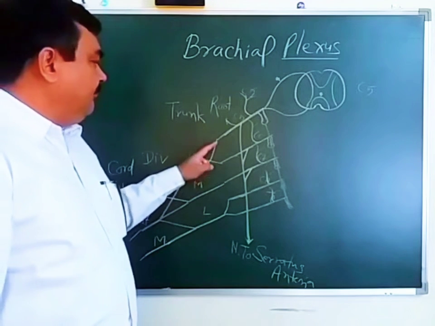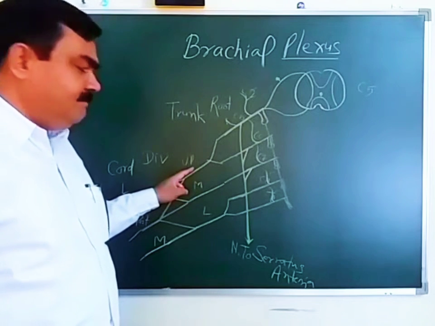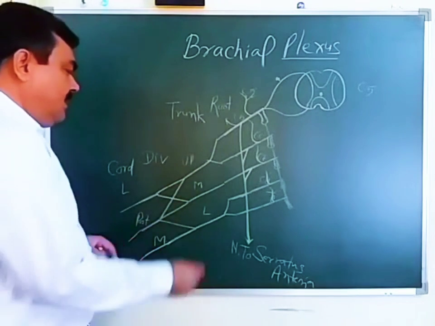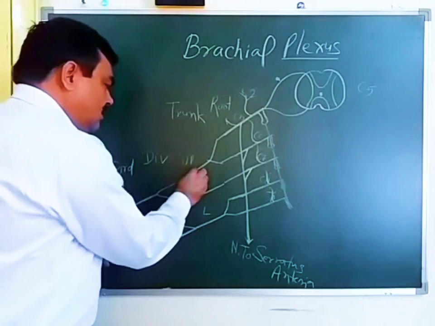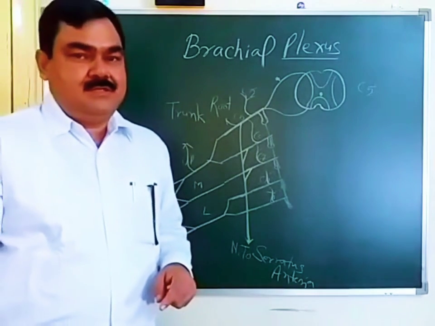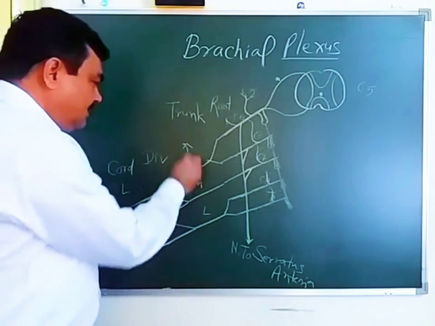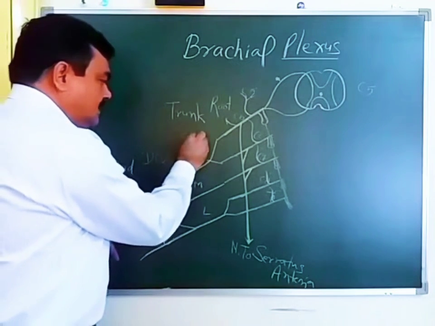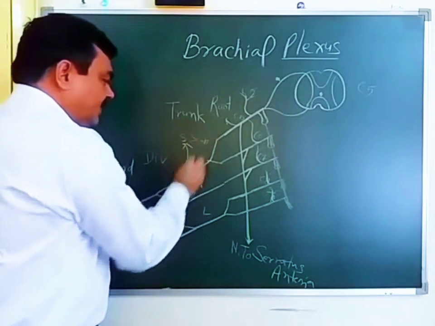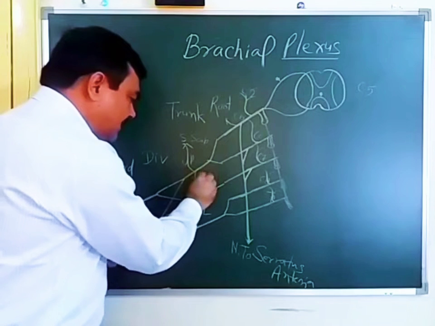Now the trunks. The upper trunk gives a branch superiorly. This is the nerve to suprascapular. And here it gives the nerve to subclavius.